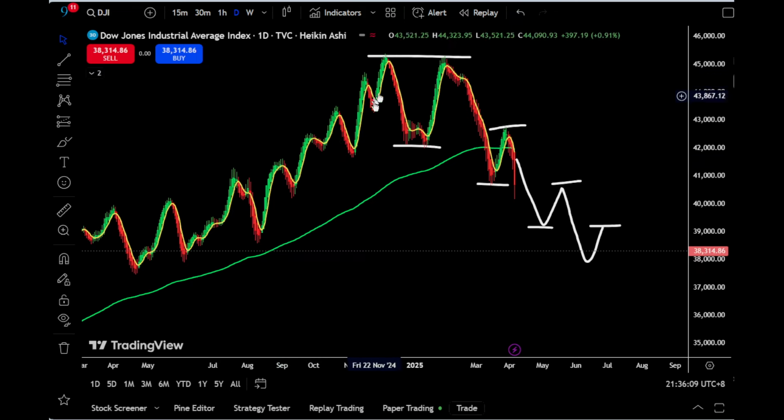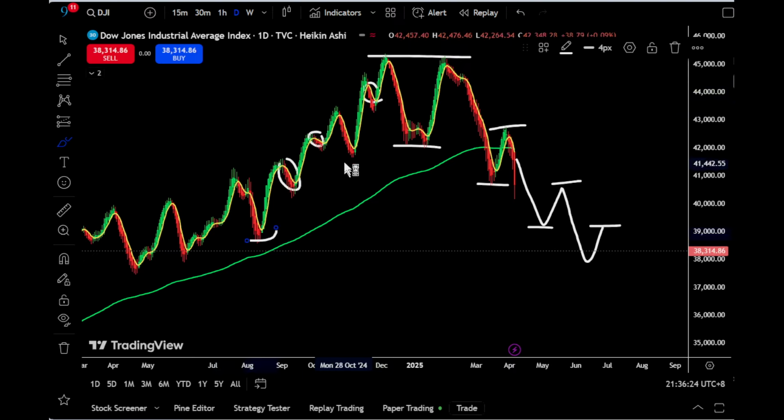So if you ignore the smaller pullbacks, like this kind of smaller pullbacks, this kind of smaller pullbacks, you ignore all these pullbacks, and you only observe the main move, you will see that it's a lot clearer this way, all the way up to the top, and these are the main pivot points.